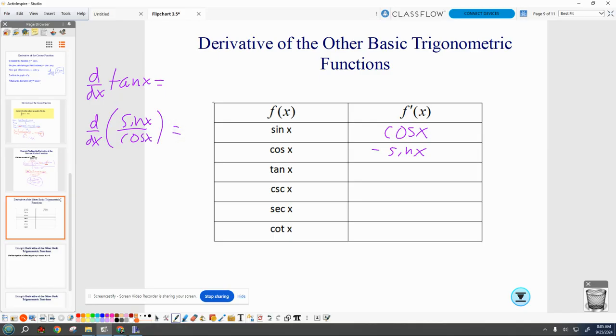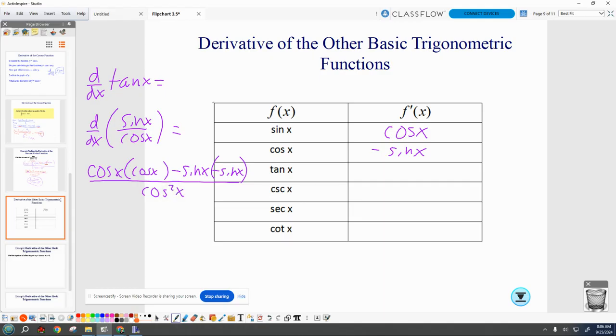Okay, so I'm going to do quotient rule. Bottom times the derivative of the top. George, what's the derivative of sine again? Cosine. And so, Lourdes, minus top times the derivative of the bottom. What's the derivative of cosine? Negative sine. All over the bottom squared.